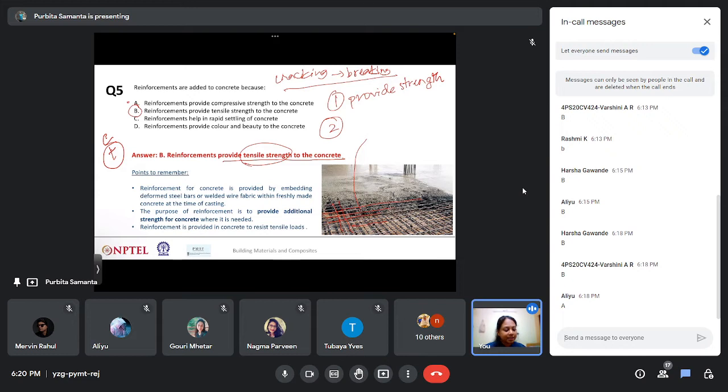In order to provide this additional strength, we embed steel bars of different cross sections. The quantity of steel and the kind of reinforcement we use can also be designed.